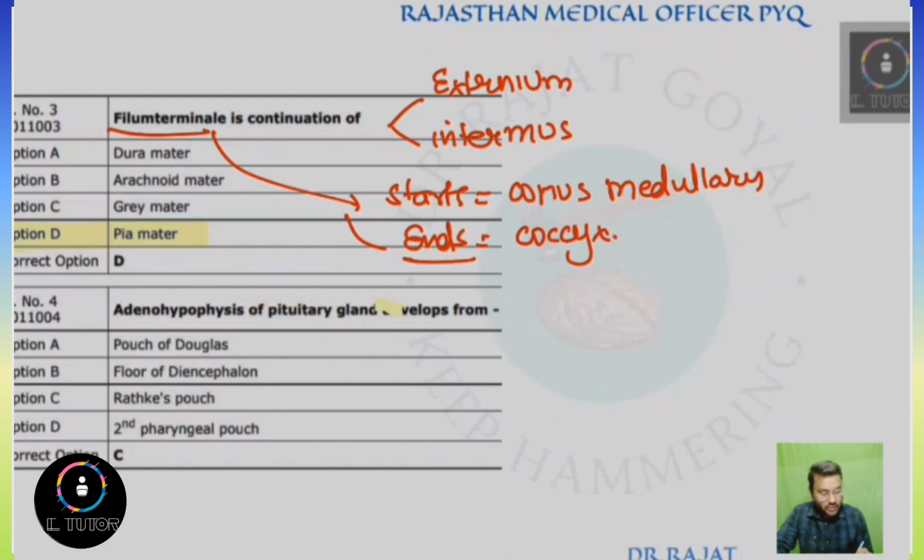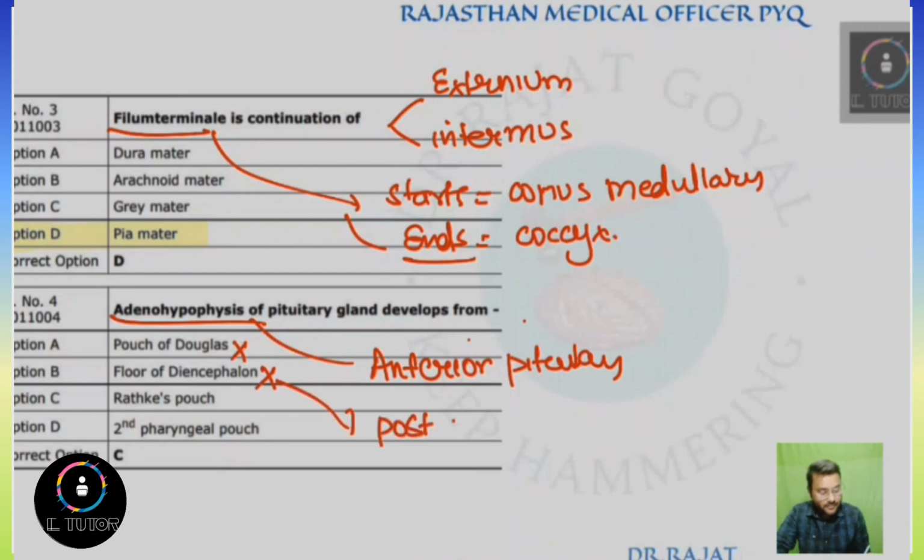Adenohypophysis of pituitary gland develops from. So adenohypophysis is anterior. They are asking about the anterior part of the pituitary gland. So options are pouch of Douglas, no. Floor of diencephalon, no. Floor of diencephalon is the origin for posterior pituitary.